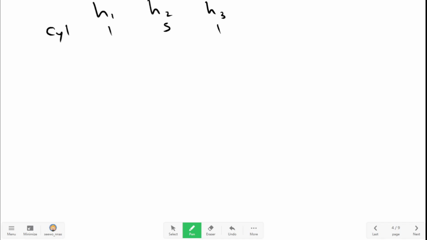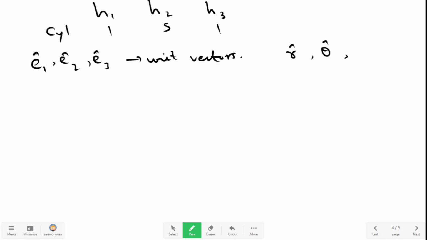in different coordinate systems. Now e1 cap, e2 cap, e3 cap are unit vectors. In spherical polar coordinates, e1 is r cap, e2 is theta cap and e3 is phi cap. q1, q2, q3 are coordinates. q1 is r, q2 is theta and q3 is phi in spherical polar coordinates.